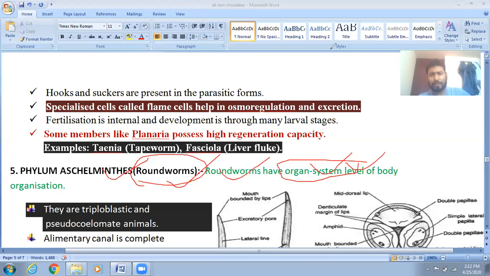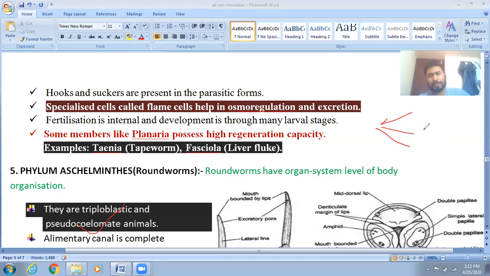One very important characteristic of the Aschelminthes is that they are pseudocoelomate animals. We have already discussed 3 different types of coelom: acoelomate, no body cavity; pseudocoelomate, which we will discuss now; and coelomate, which means they have an actual body cavity. Here these are considered pseudocoelomate animals.